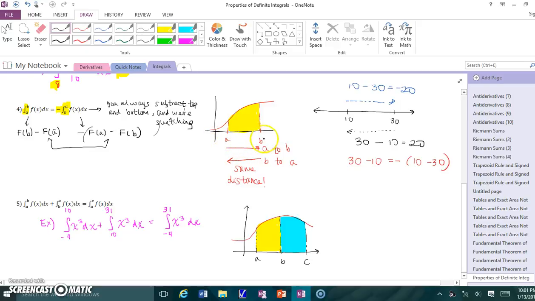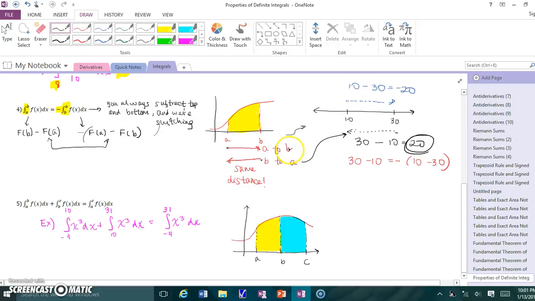So let's look at a number line maybe to help make this make more sense here. If I'm going from a to b and I want this area under the curve, instead of thinking of going from b to a, it's the same exact distance. I'm just going the opposite direction. So let's think about what would normally happen on a number line. If I'm going from 10 to 30, if you do 30 minus 10, you get 20.